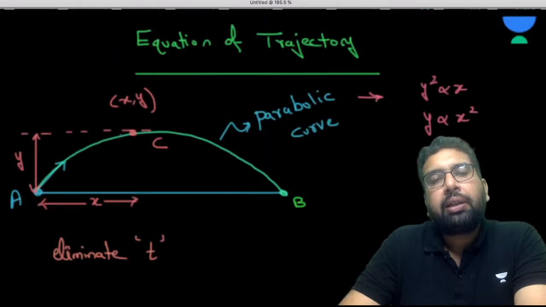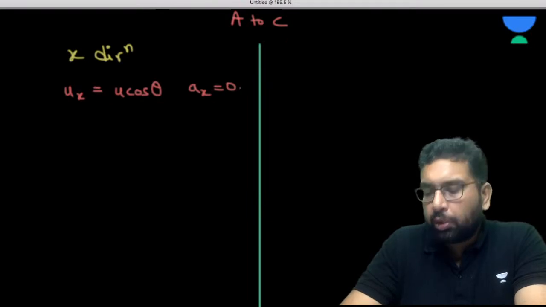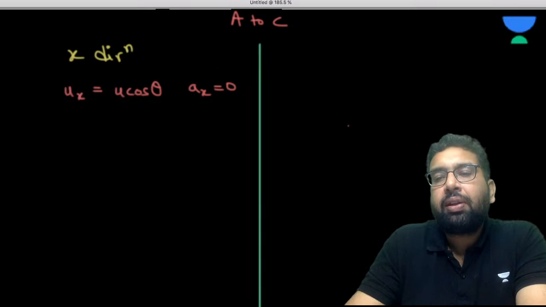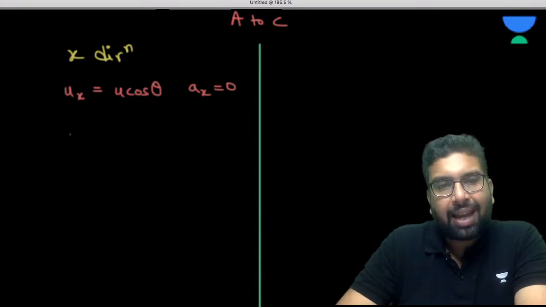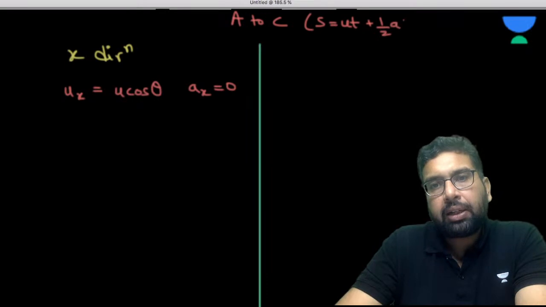Let's suppose the time taken to reach this point is t, which is common for both x and y directions. Now what equation am I going to apply? S is equal to ut plus half a t square.